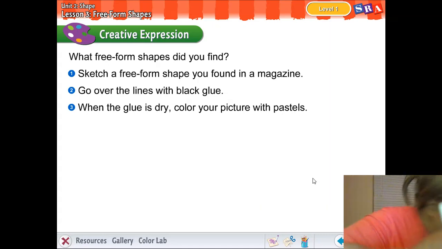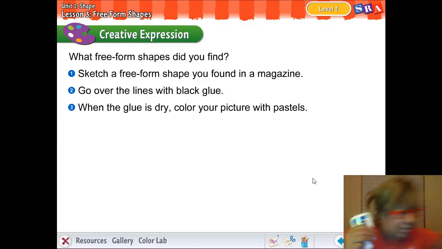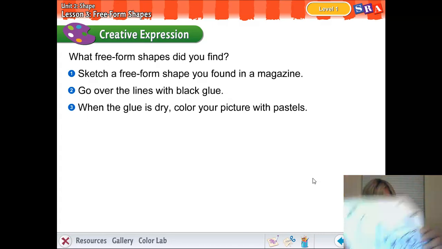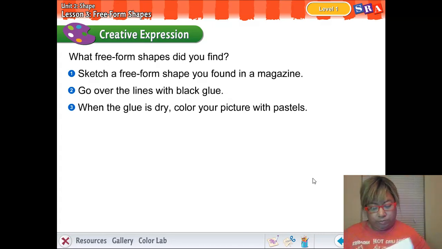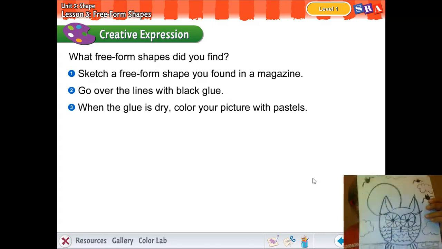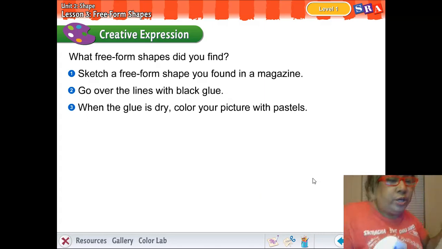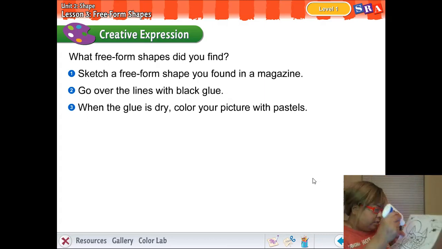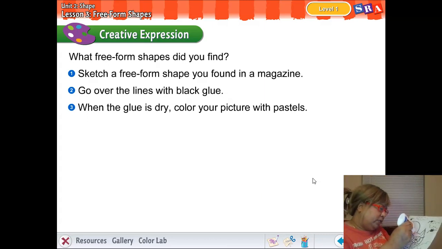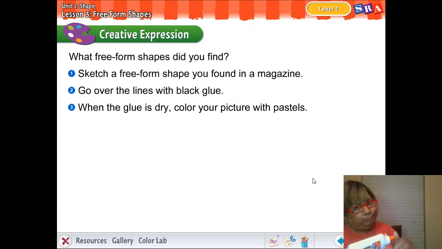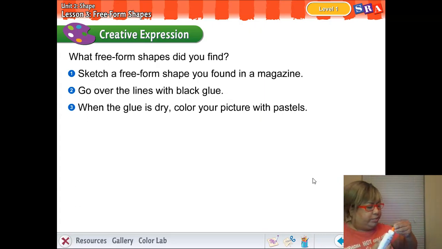So, hold on. Wow. So, this is not a magazine picture, but it's a picture of an owl. And what I could do is I could take my glue bottle and I could make sure you take the dry part off.